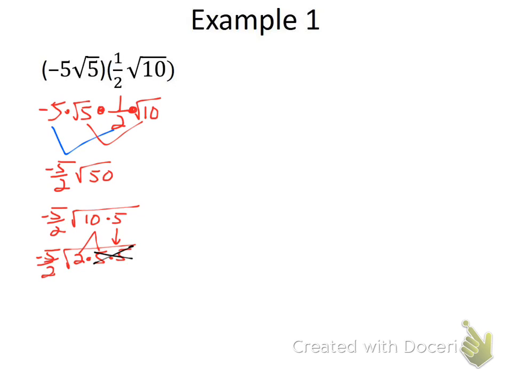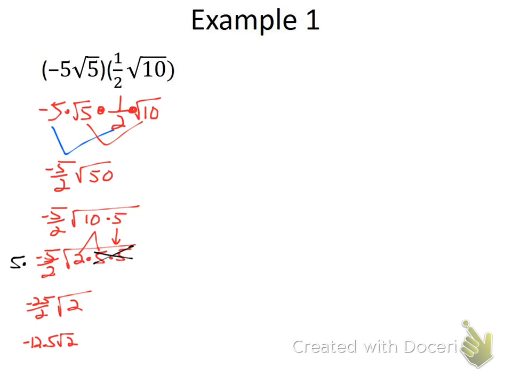Anything there's 2 of, I'm going to put 1 out front. And so now all that's left in my radicand is the root of 2, and then whenever I multiply these, that's going to be negative 25 halves, or in other words, negative 12.5 roots of 2 if I went to a decimal.